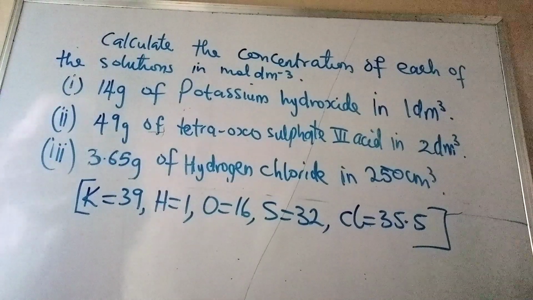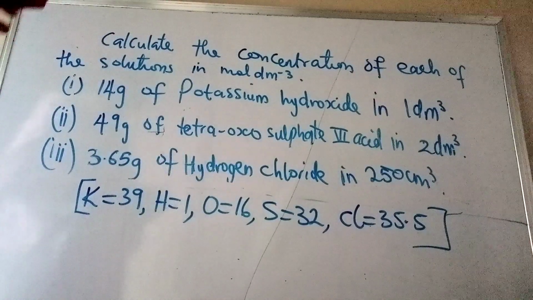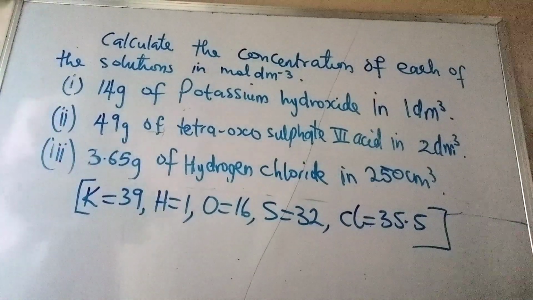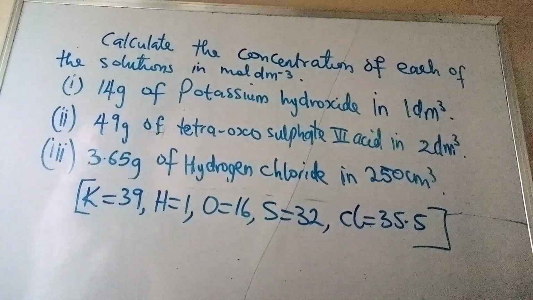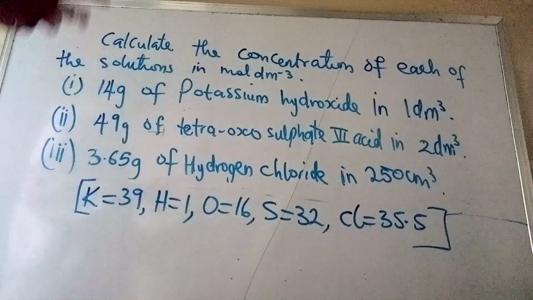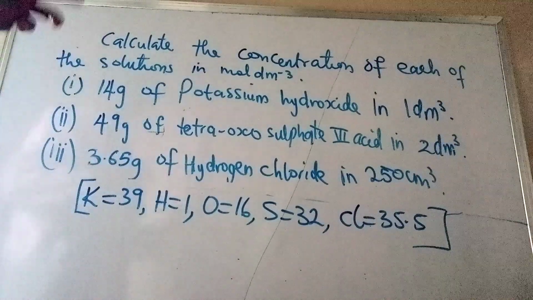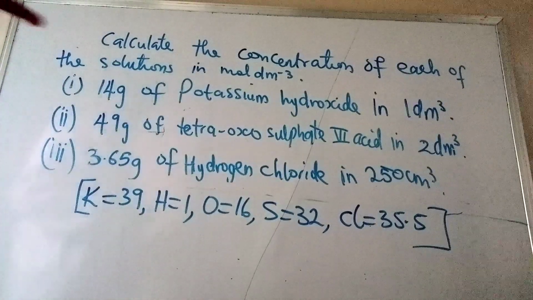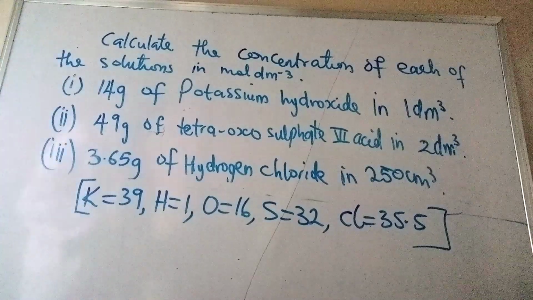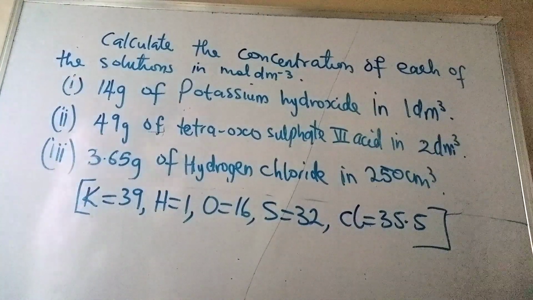Therefore, I'm going to start today with calculating the concentration of solutions in mole per dm cube. When the concentration of a solution is given in mole per dm cube, it simply means the molar concentration of that solution.